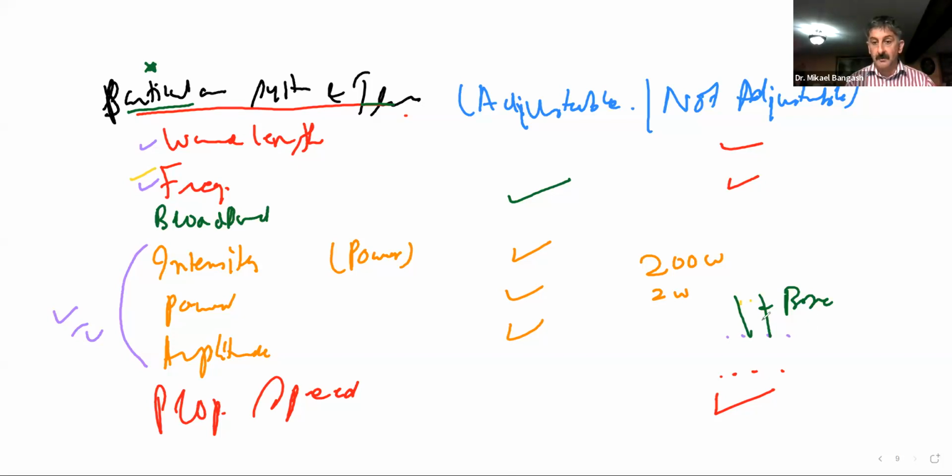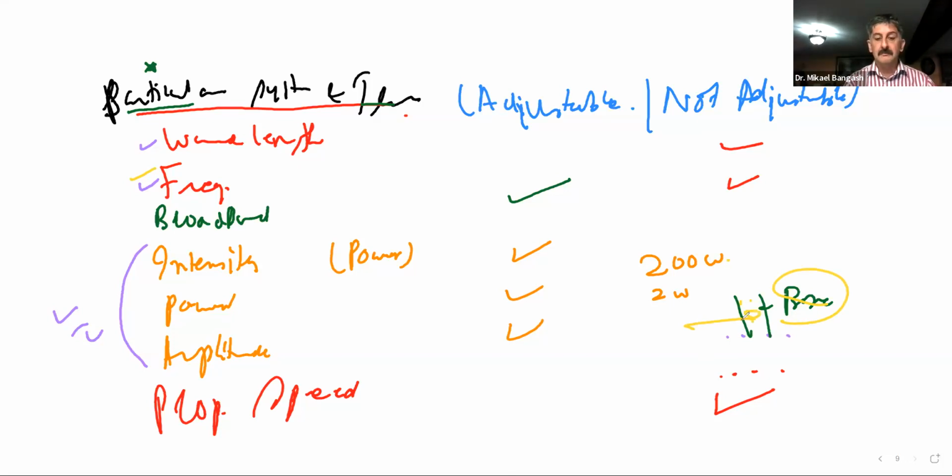That speed is determined by the tissue itself, because here it's a bone. So you can't adjust it, right? Propagation speed can't be adjusted. You can't say, well, I'll increase the power of the sound wave, and that's going to make it travel either faster or slower through the bone.